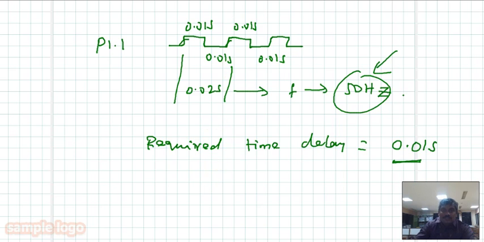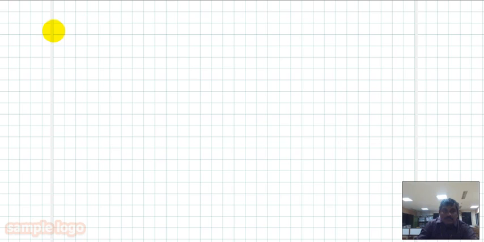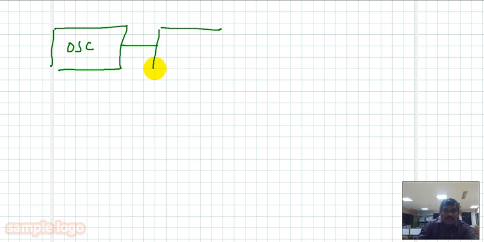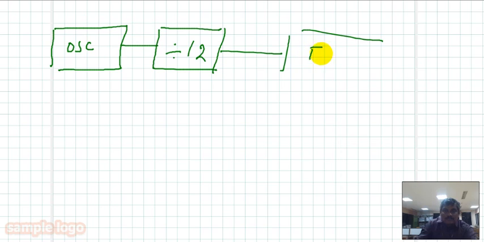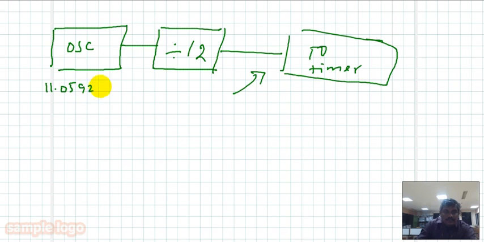Then what is the input to the timer? This I told already. If you have an oscillator, always the oscillator frequency will be divided by 12, and this is the input to the timer. The oscillator frequency given is 11.0592 MHz, and you divide this frequency by 12.